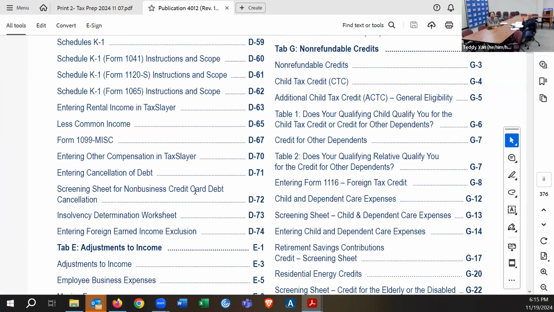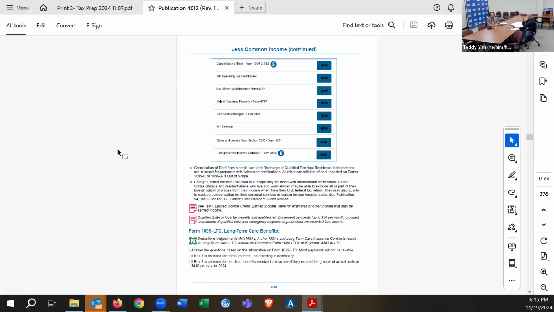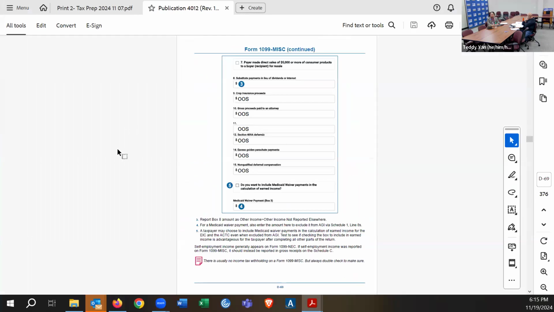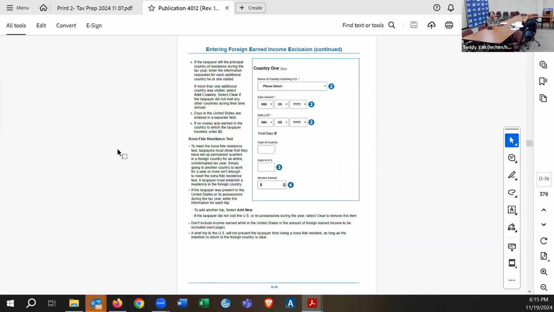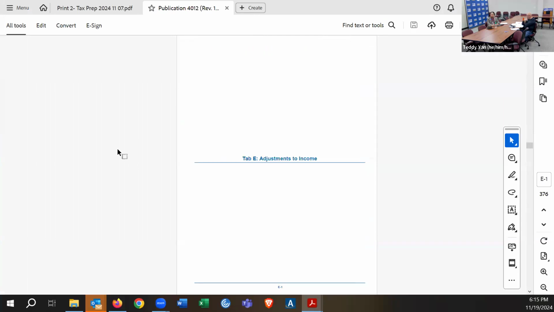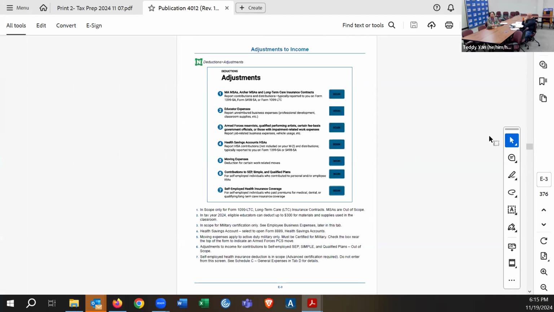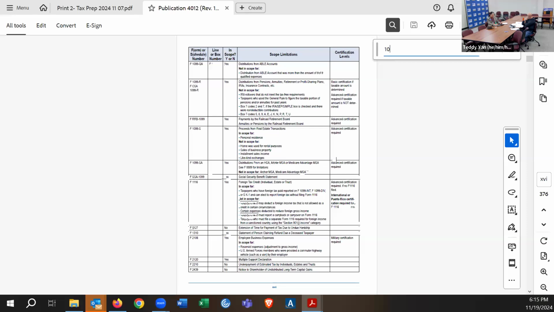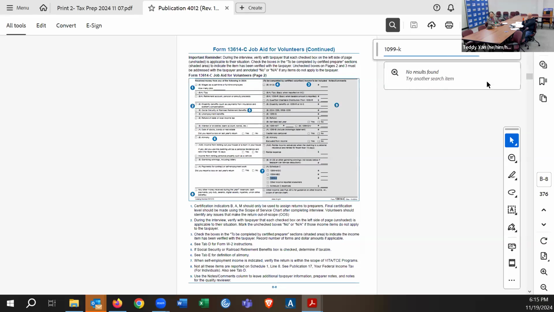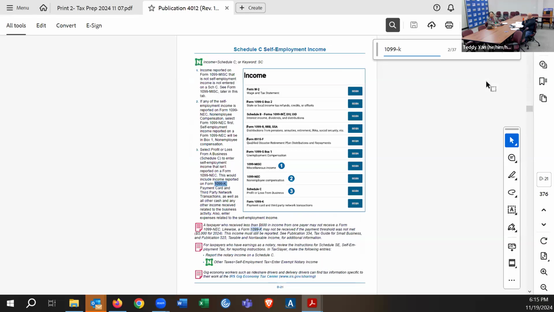There's a section for, I think it's in less common income. I just typed other income in the box. I missed where this goes. 1099-K. Find all results, please.